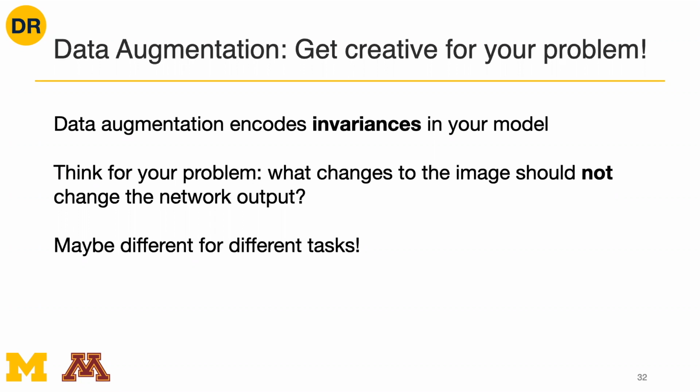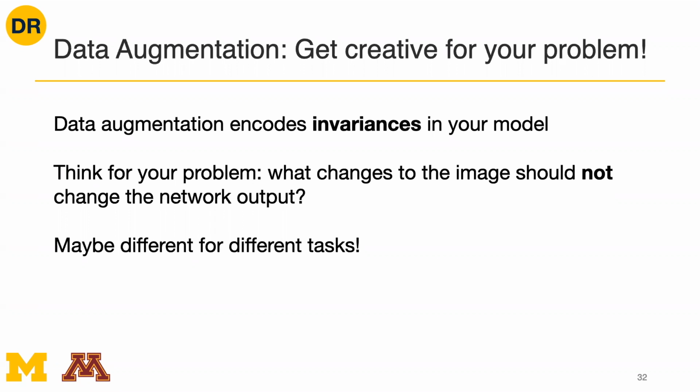And one other thing to think about is, what is the change in the image that should not affect your output performance or the model performance. And you should also think about the task. For instance, let's say doing the horizontal flip is probably fine, but doing vertical flip could be task dependent, right?